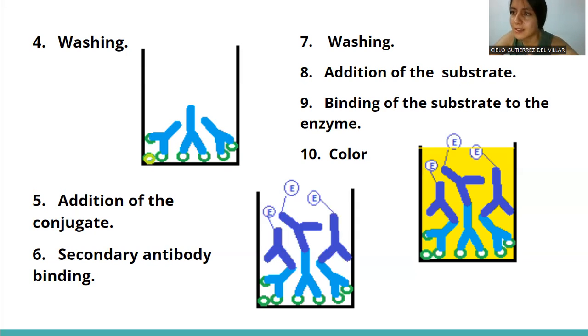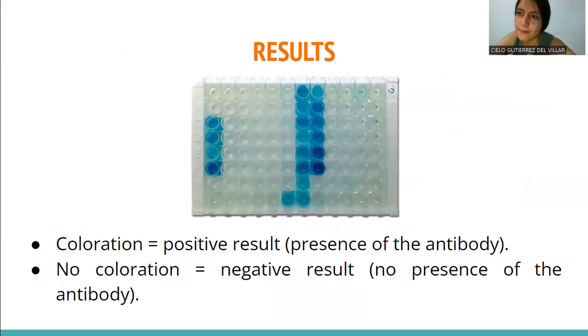Finally, it's observed if there was color development. The product obtained by adding the substrate causes a visible signal with a color change that allows the detection or quantification of the antibody of interest. Results.